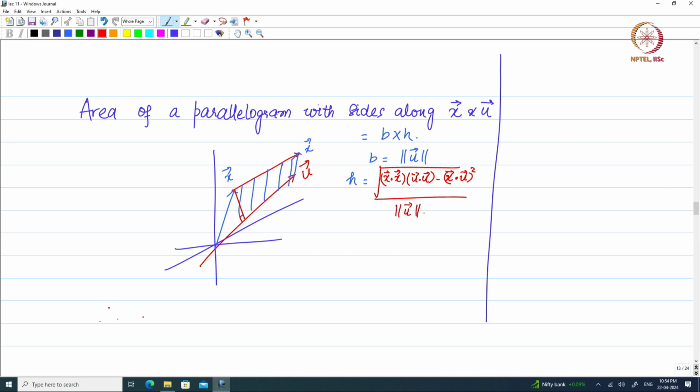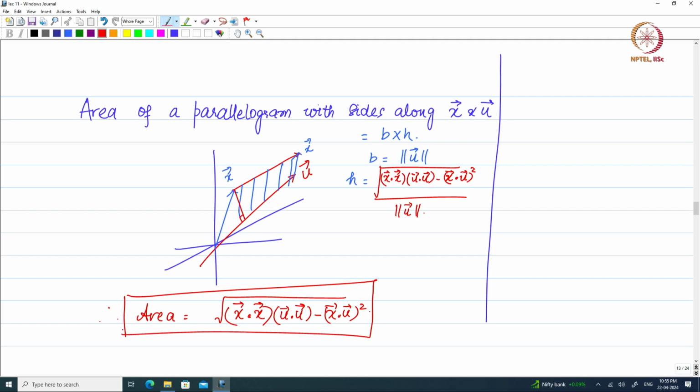Therefore, the area of the parallelogram is the square root of x dot x into u dot u minus x dot u the whole square.